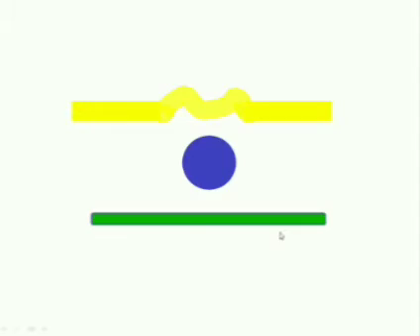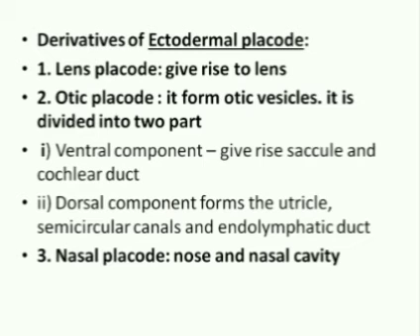So now the neural tube is formed, and due to neural tube formation, the paraxial mesoderm is formed. The whole dotted area is known as the paraxial mesoderm, and each dot is known as a somite. So, derivatives of the ectodermal placode. Lens placode gives rise to the lens.